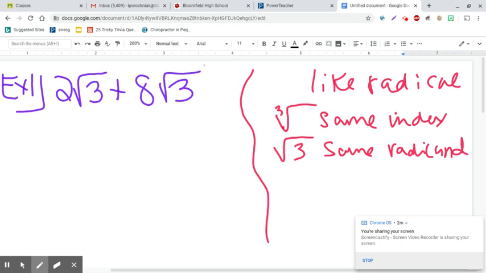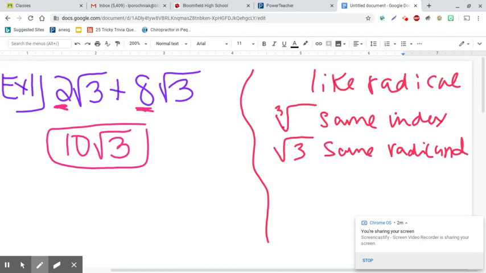So what we're going to do is we're going to add the numbers in front and keep the radical 3. So 2 plus 8 is 10. Keep your radical 3. There's your answer. Guys, this would be the same thing as, what if it was 2y plus 8y? 2y plus 8y is 10y, right?